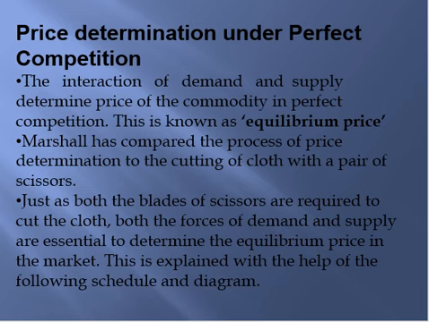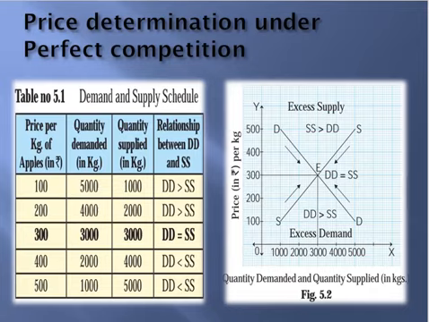Before understanding how it is dealt with, we are going to first understand the basic concepts. It says that the interaction of demand and supply determines the price of the commodity in perfect competition, known as the equilibrium price.